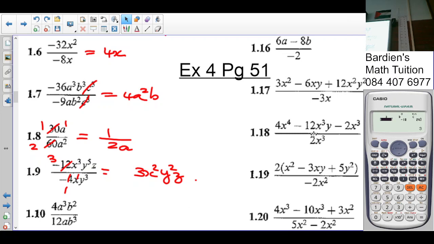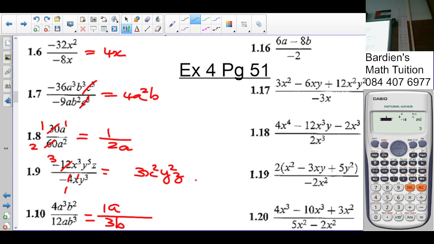Number 1.10, positive 1 over 3 a squared. The b belongs to the denominator. There's more b's in the denominator. Are you all okay with that?